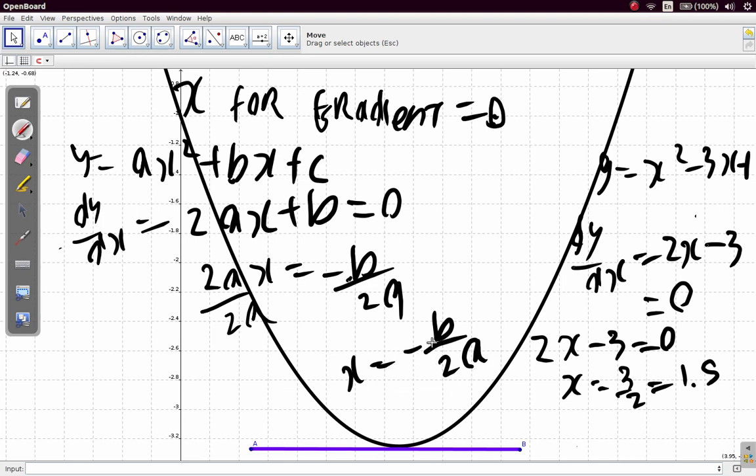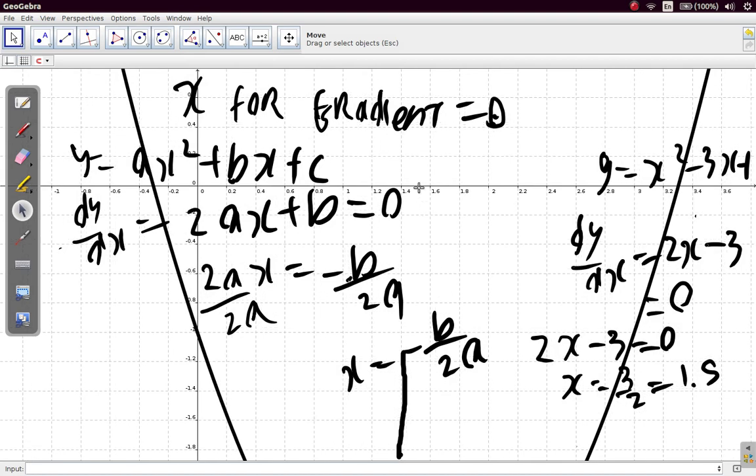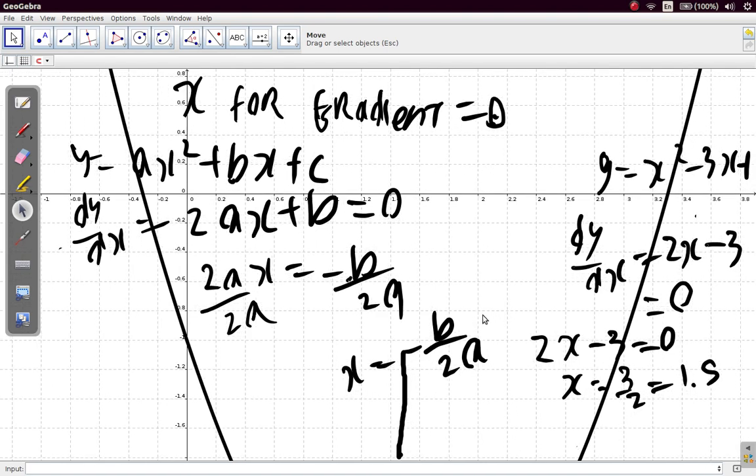And that is the equation of a line that would pass through the minimum or maximum point. That is, when x is somewhere here from the minimum point, you project upwards to the x-axis and then identify which particular value it would take.